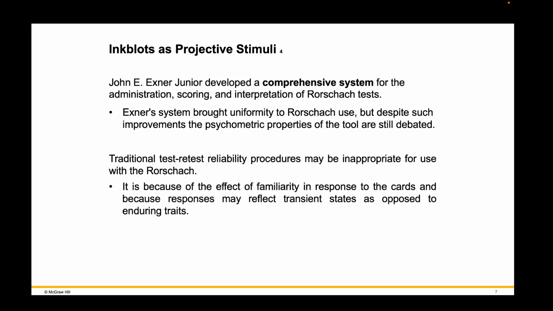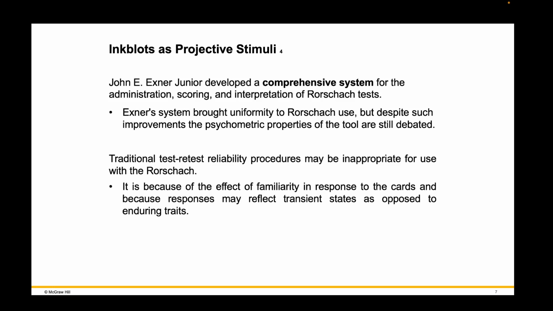So, imbes na mahirapan pa silang sumagot na, bakit mo ginamit to, ganto, they would rather avoid those questions altogether or prevent themselves from being questioned about it. So, they skip using Rorschach.